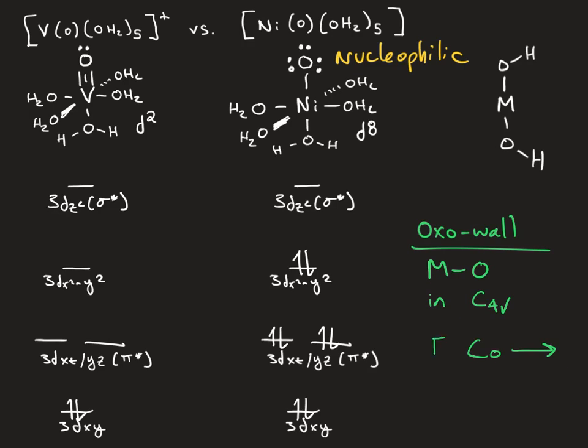You do find them in the iron group and to the left, or in other words, a wall exists between the iron and the cobalt group. With the iron group, you form metal oxo species. With the cobalt and later transition metals, you form metal hydroxo species. Because the corresponding oxo compound is unstable, it's nucleophilic, it's going to readily pick up a proton, forming the hydroxo species.